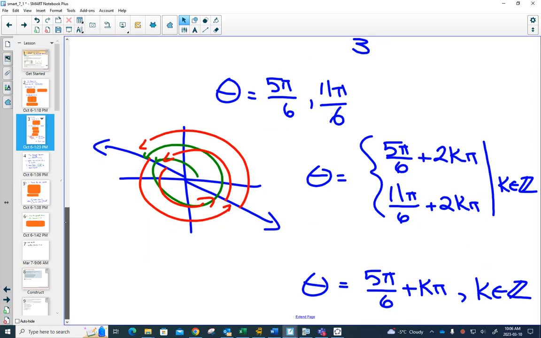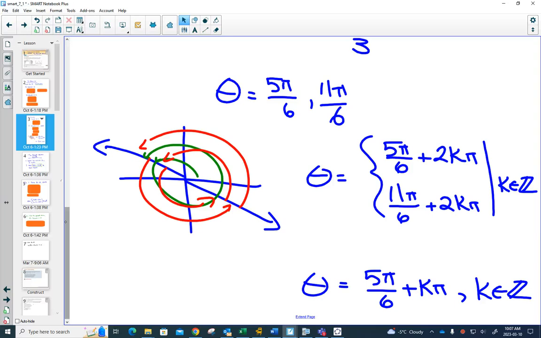But with tangent, you could make it shorter because you could start at 5 pi over 6 and then just do jumps of pi. That would get you to 11 pi over 6. Another jump of pi would get you back. And this is equal to the other answer, just shorter. So you'll sometimes see that in textbooks for tan, or even on multiple choice questions on exams, because it's more elegant looking. But if you had a long answer question, you could write it either way.